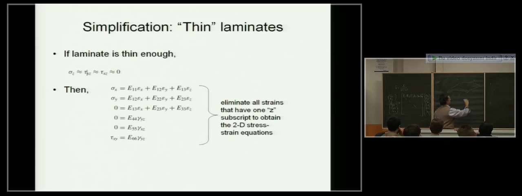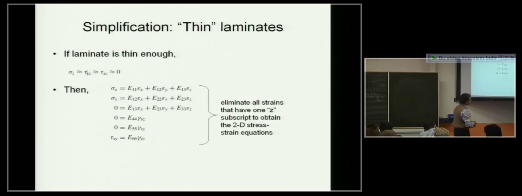Therefore, I can assume to a first order that through this thickness here, there is no variation in stresses. In stresses, out of plane stresses, sigma z, tau yz, and tau xz. So if they are 0 at one surface, they will be 0 everywhere else.